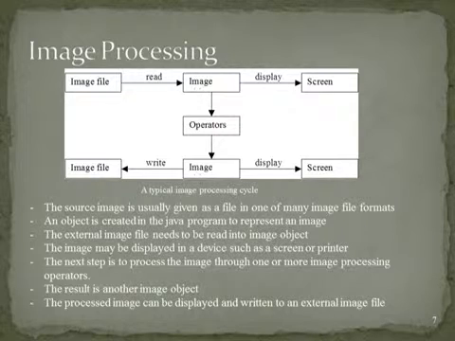The image can then be displayed on a screen or a printer, or it can be processed by image processing operators or techniques. The result is another image object. The processed image can also be displayed on a screen or written to an external image file.